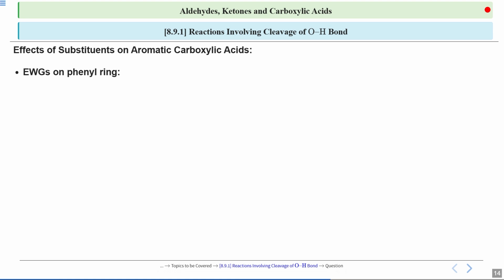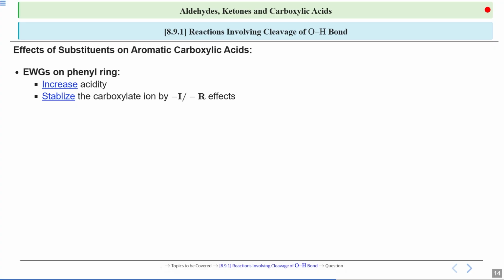Now we will see the effects of substituents on aromatic carboxylic acids. First, we will focus on electron withdrawing groups on the phenyl ring. Electron withdrawing groups increase the acidity of the aromatic carboxylic acid, making it easier for the acid to donate a proton.